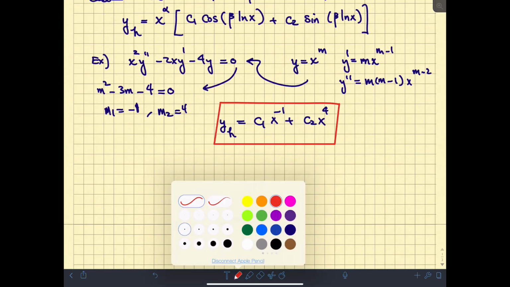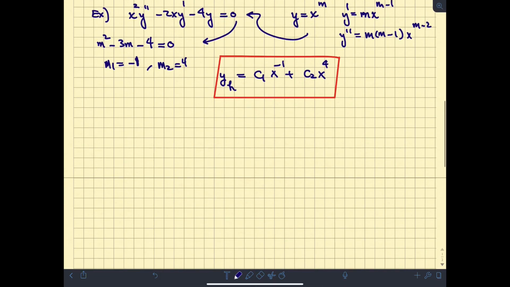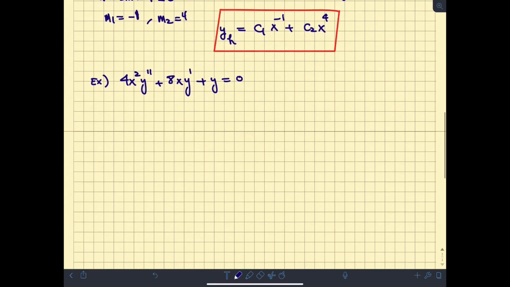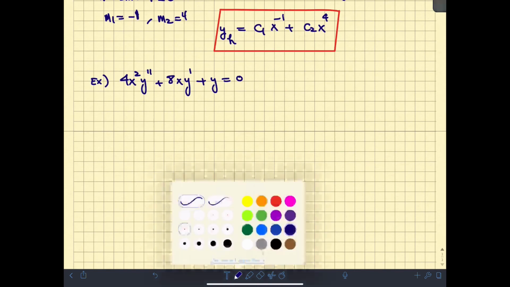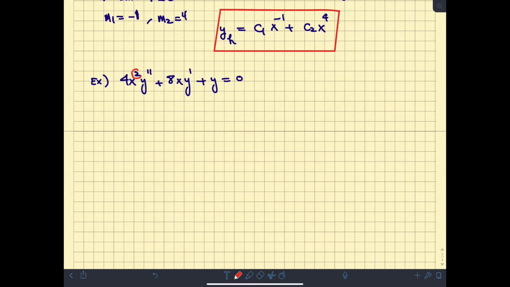I'm going to go to the second case. So I'm going to give you another example. Now let's say my differential equation is 4x squared y double prime plus 8x y prime plus y equal to 0. I'll write my characteristic equation for these Cauchy Euler equations. Just to remind you, the powers are 2, 2, 1, 1, 0, 0, so it is a Cauchy Euler.